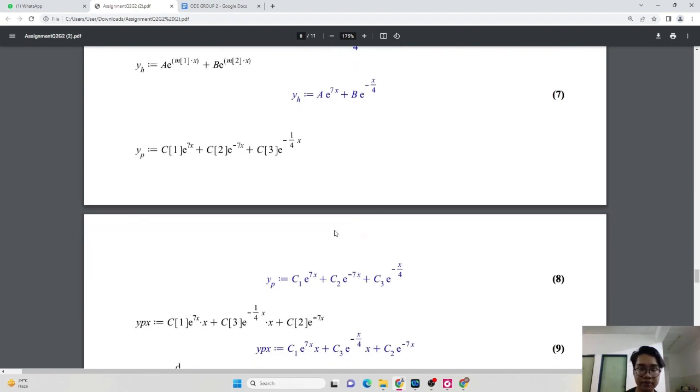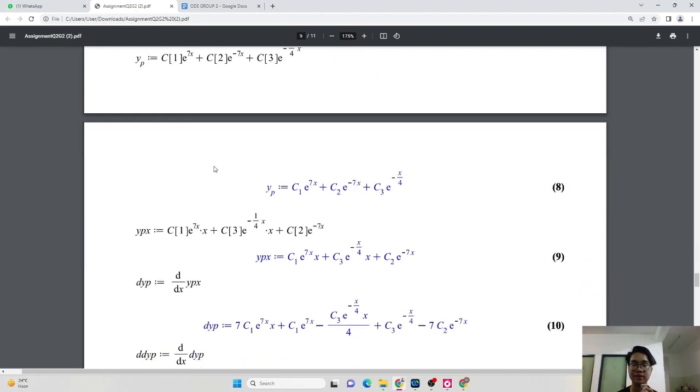And the next step is yp equal to c1 exponent power of 7x plus c2 exponent power of negative 7x plus c3 exponent power of negative 1 over 4x. The answer is yp. C1 exponent power of 7x plus C2 exponent power of negative 7x plus C3 exponent power of negative x over 4.